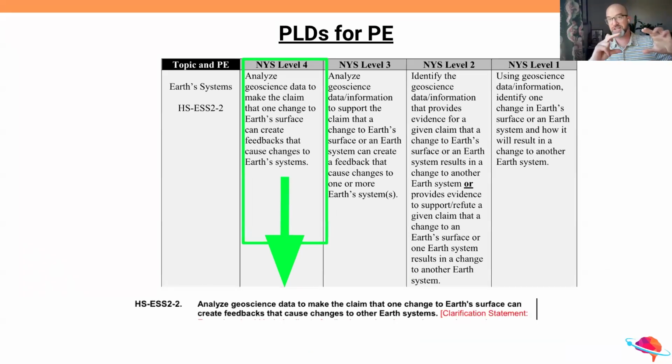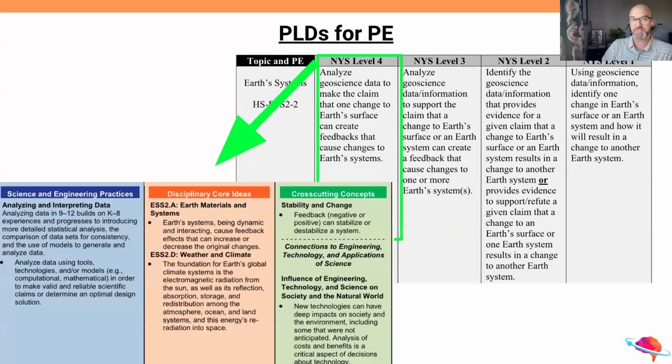So I just took a screenshot of the PLD and the PE, and they're the same. These two pictures are the same. And so when you're asking questions, you can look at that PE, use the NIST list ones, or you can look at the PLD, and those will both be the same thing for your level 4. And it's important to note that in that level 4, students have to understand feedback, so stability and change feedback systems.